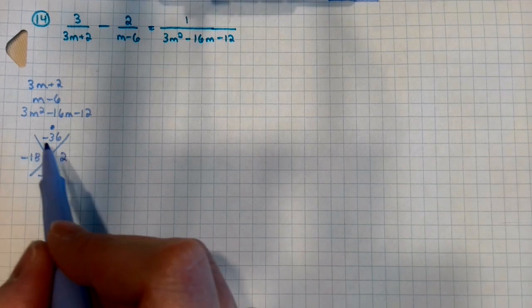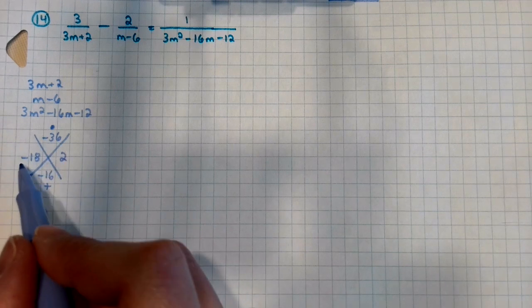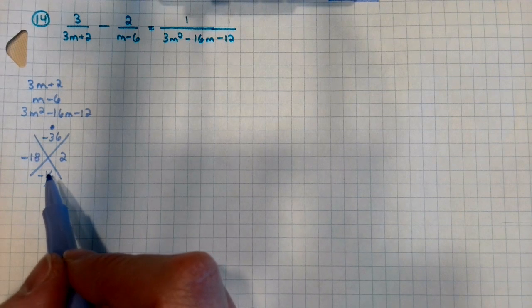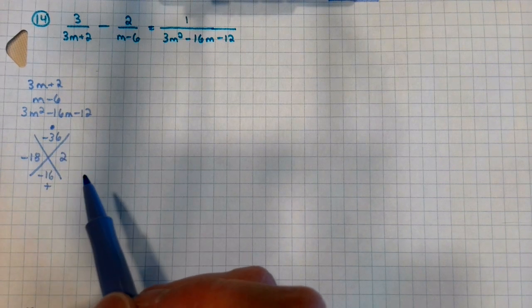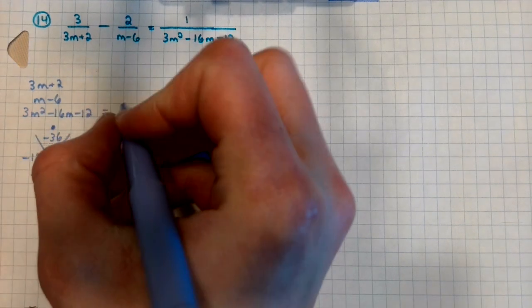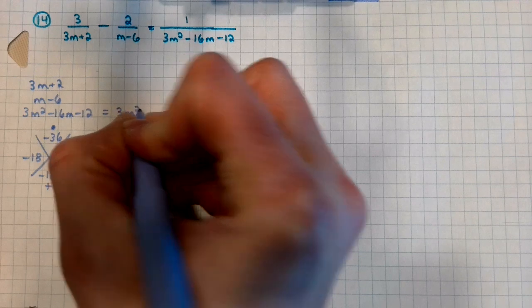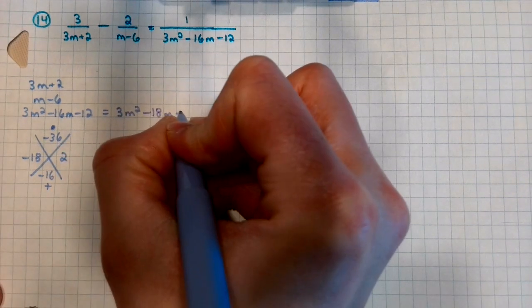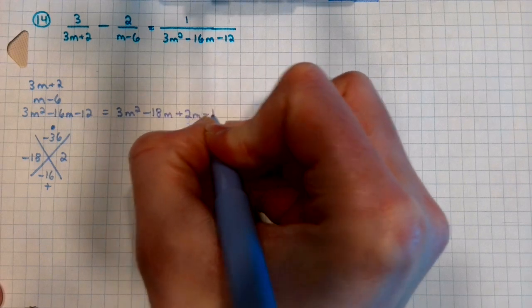So negative 18 times 2 gives me negative 36, but then negative 18 plus 2 would give me negative 16. So this tells me this is how I'm going to end up breaking it down so that I can factor by grouping. So this is going to be equal to 3m squared minus 18m plus 2m minus 12.